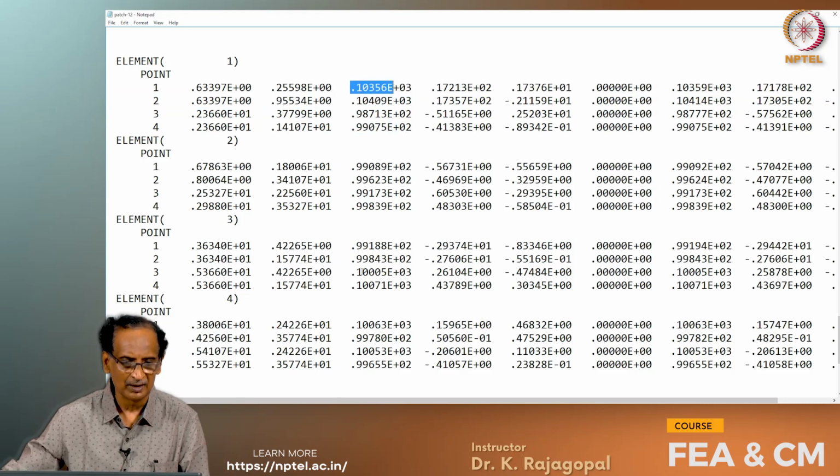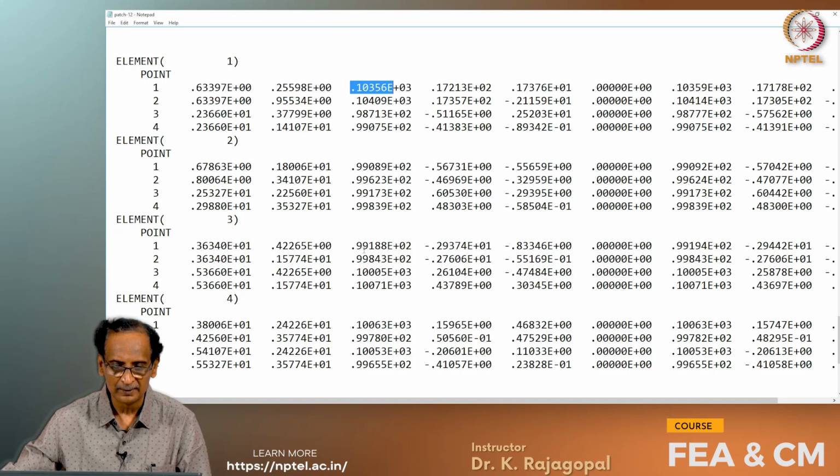But if you take element 3, that is away from the boundary, the stresses at all the 4 points are nearly the same, 99.19, 99, 100, 100.